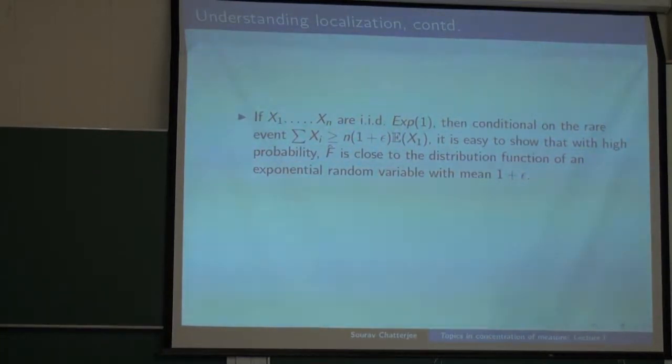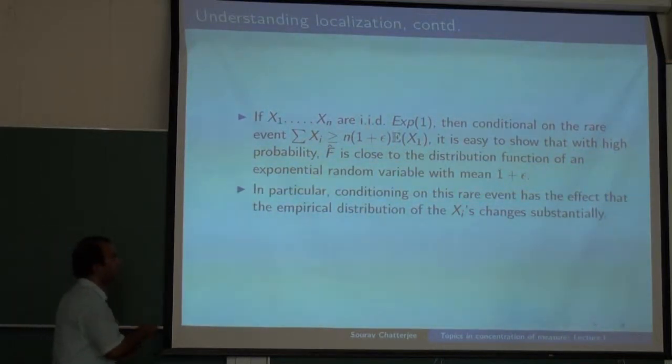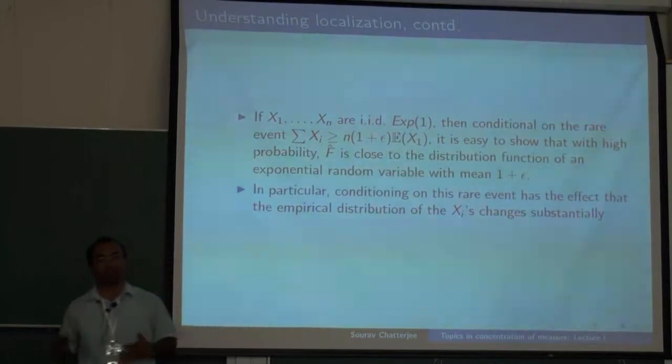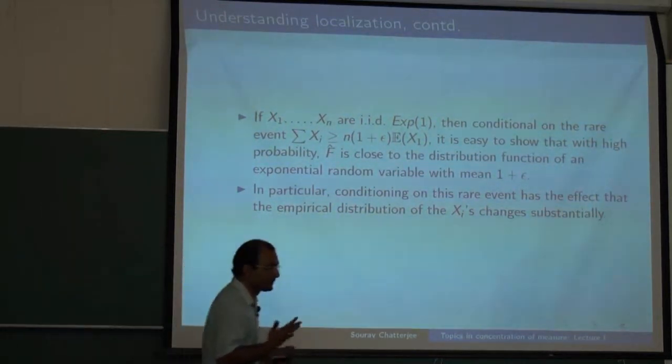I'll not prove this because it's not so relevant to what I'm talking about. But in particular, conditioning on this rare event has a probability that the empirical distribution changes substantially. So there's a substantial change in the empirical distribution of the xi's. This is quite common when you have exponential moments.